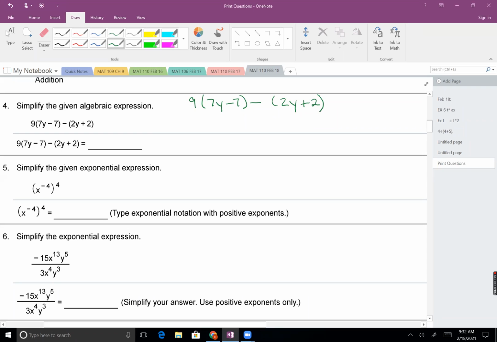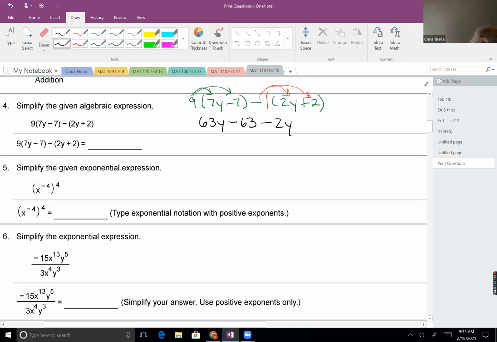Distribute. Beautiful. And over here, in the first one, I'm going to distribute the 9. And then does everybody remember in the second one, I'm going to distribute, because it's subtraction, negative 1. So 9 times 7y is 63y, minus 9 times 7 is 63. Minus 1 times 2y is minus 2y.